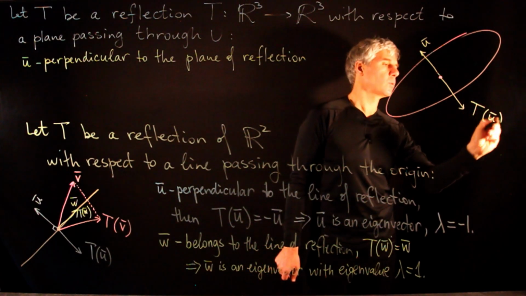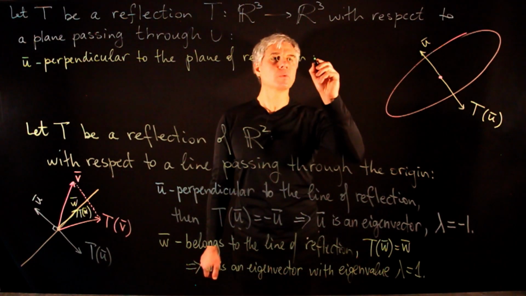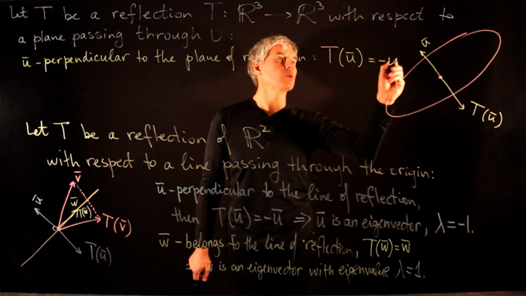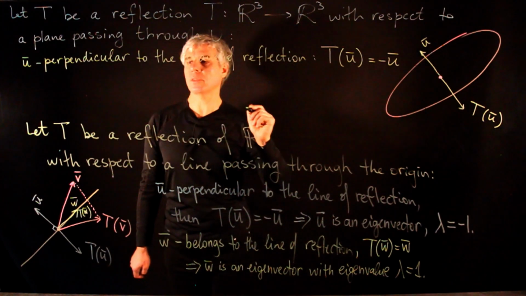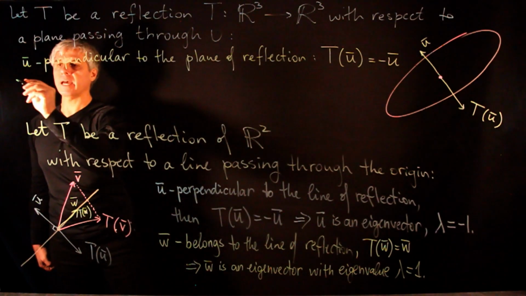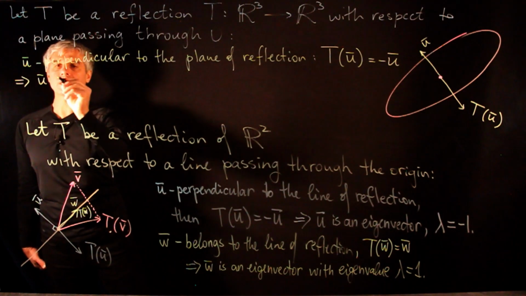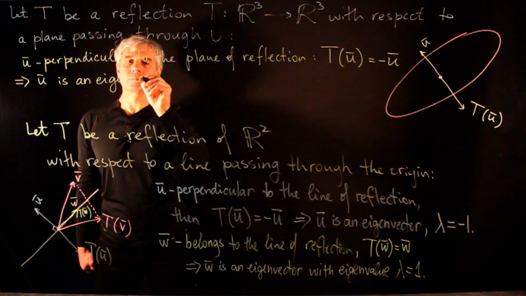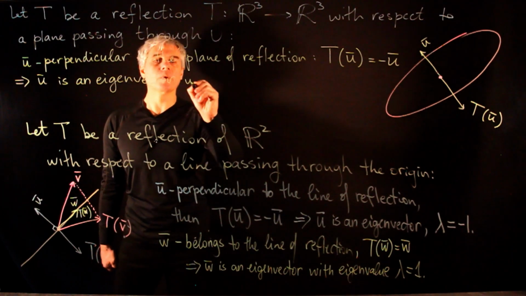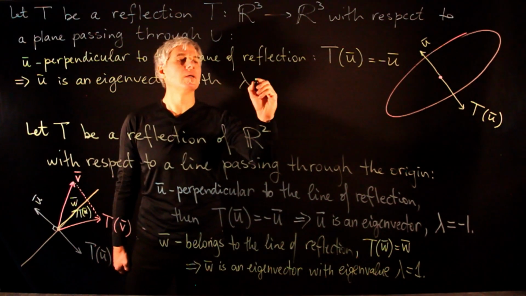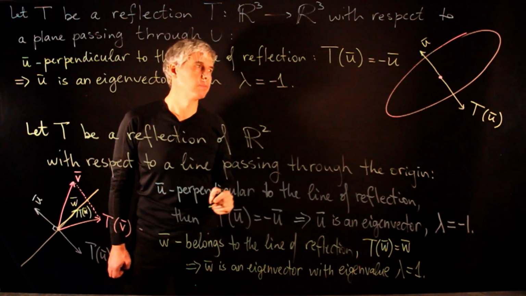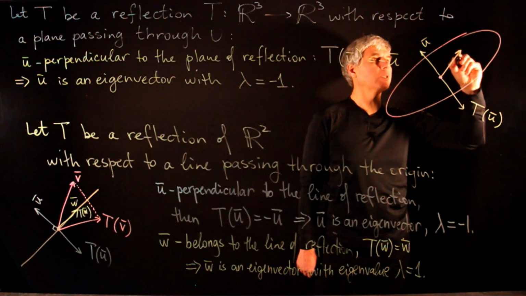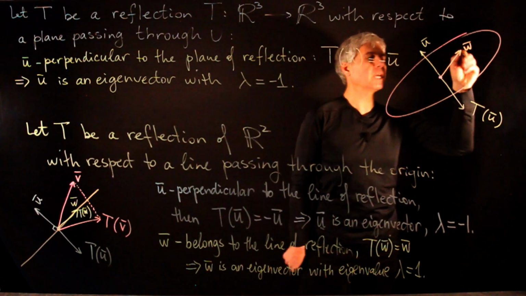So this will be T of u. And so T of u in this case is equal to -u. And so this tells us that u is an eigenvector with eigenvalue lambda equals -1.